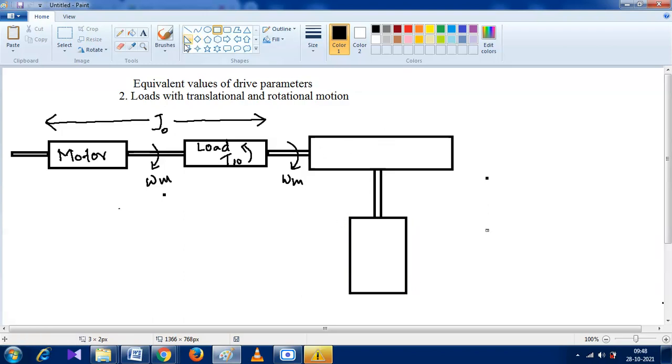Suppose this is basically a conversion system by which we convert the rotational motion to linear motion.